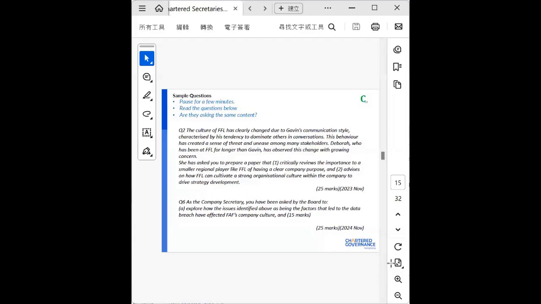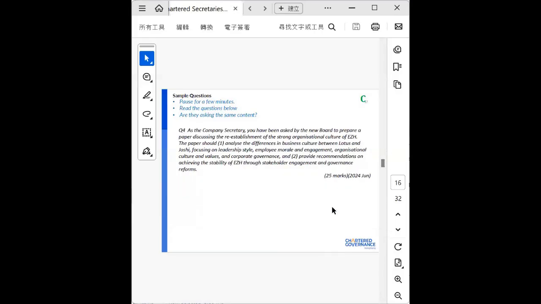We look at some of the issues in here, but you can see that this is a question about the strategy and the organizational culture. In this question, you're asked to prepare a paper discussing the reestablishment of strong organizational culture.